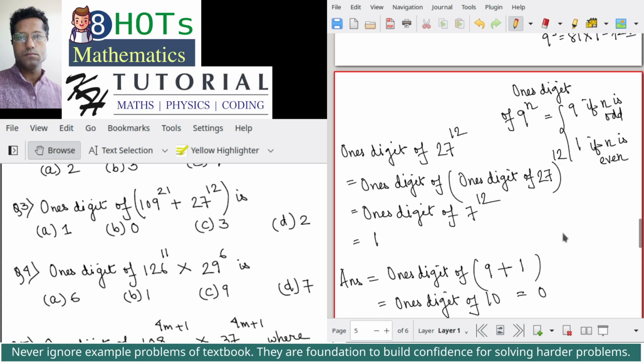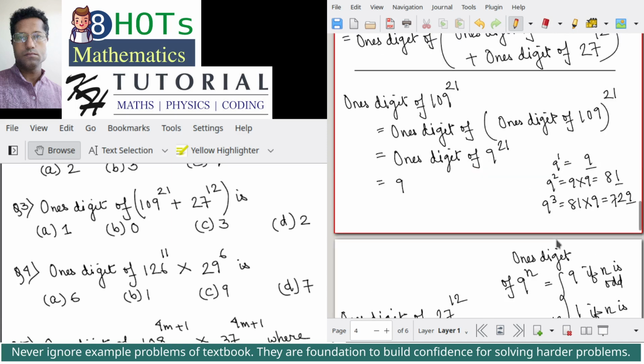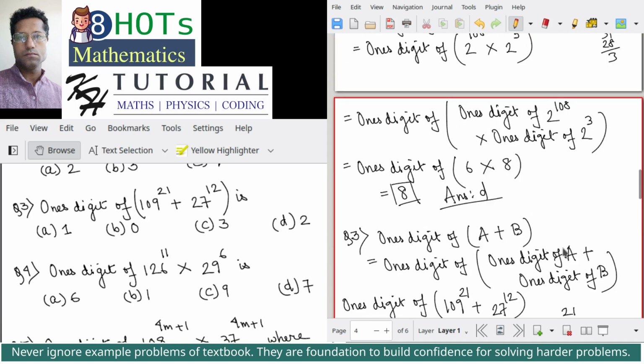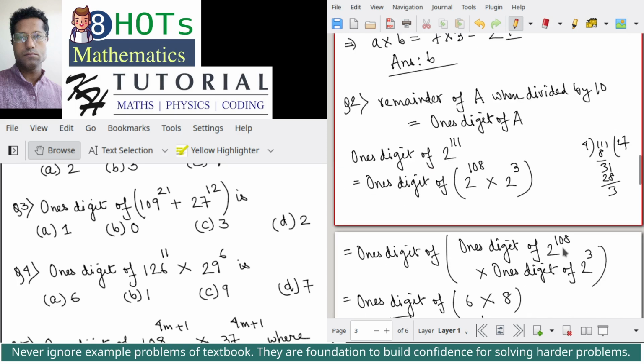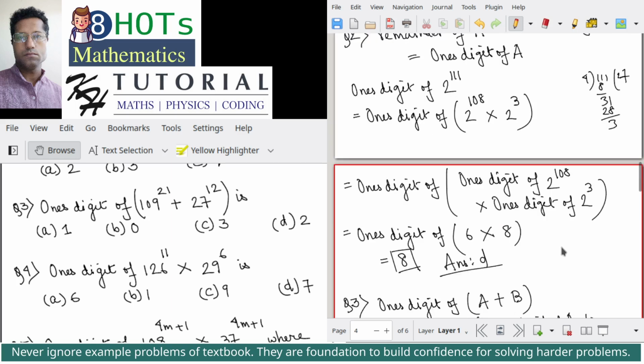To solve this kind of problem, you have to be very familiar with the pattern of the ones digit of the powers of all the digits. For 5, 6, and 1 it is very simple: for any power of 1 the ones digit is always 1, for any power of 5 it is 5, and for any power of 6 it is 6.